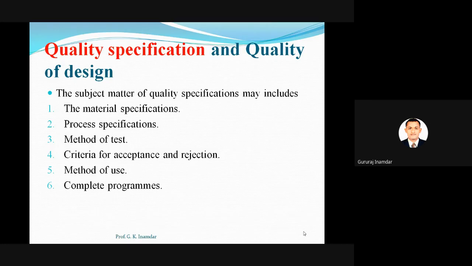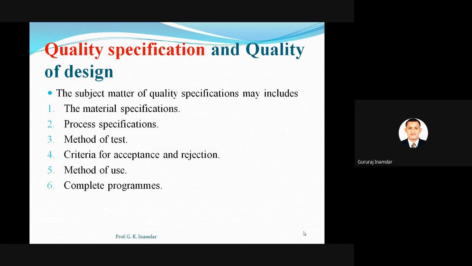If you consider battery vehicles, electronic vehicles, solar vehicles, the specifications decided by that industry should be followed, and you have to follow that method also. This is the importance of quality specification.